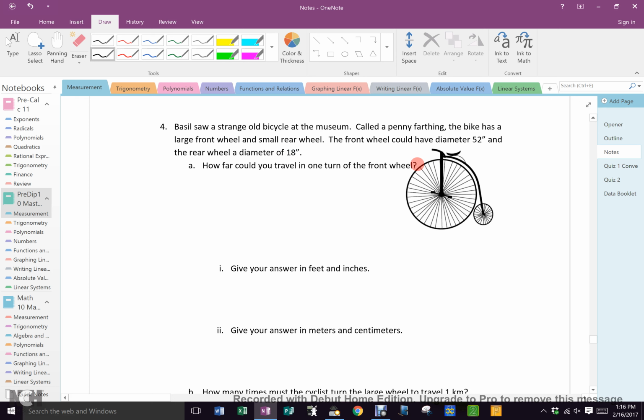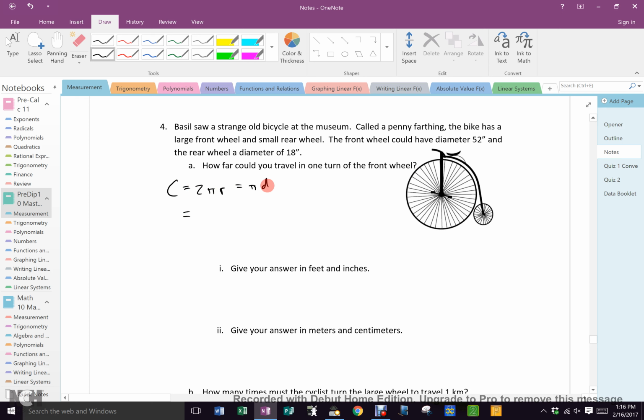What measurement of that wheel do I need? And what do we call that, Emma? Circumference. Do we have a way to find the circumference? 2 pi r. Circumference equals 2 pi r. Well, it also equals pi d, because 2 r's is a d, right?